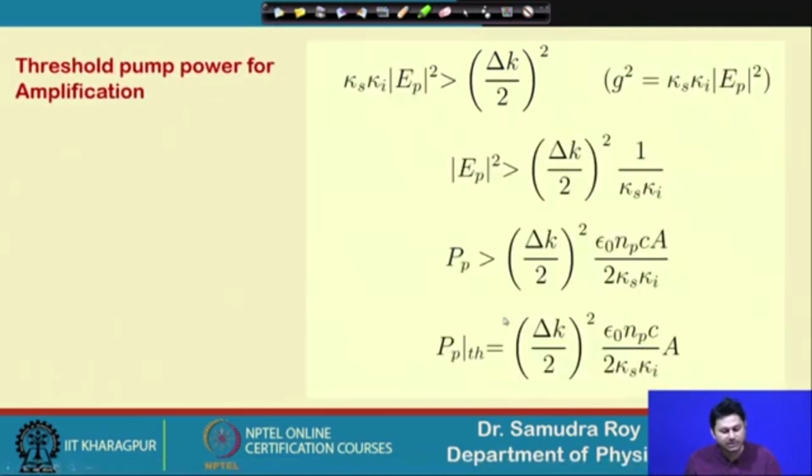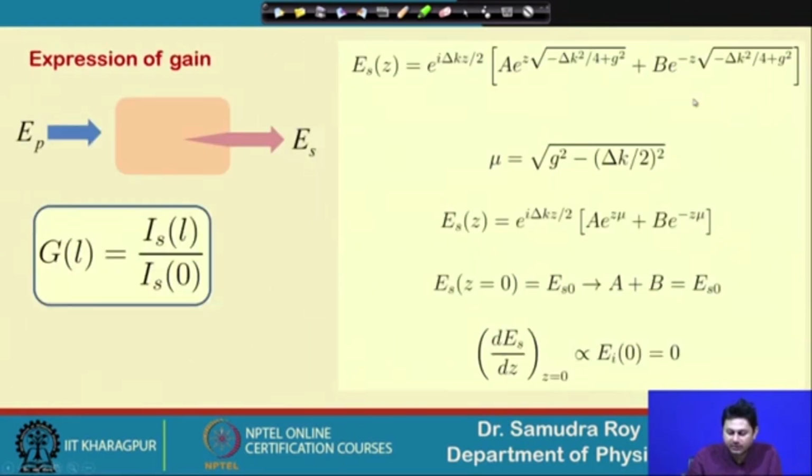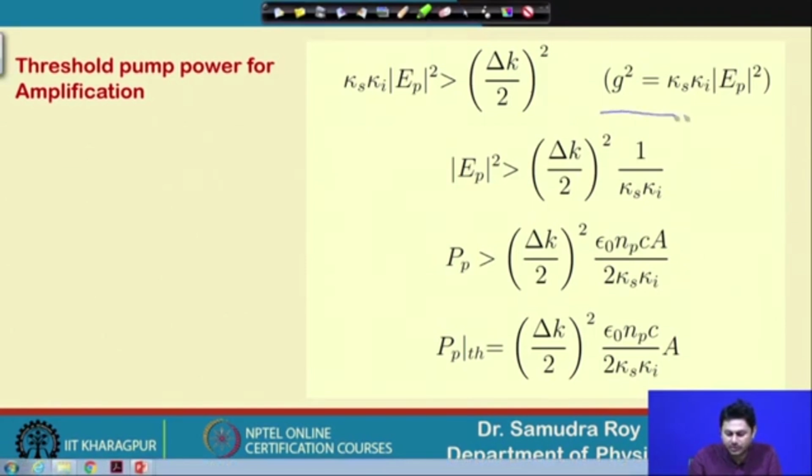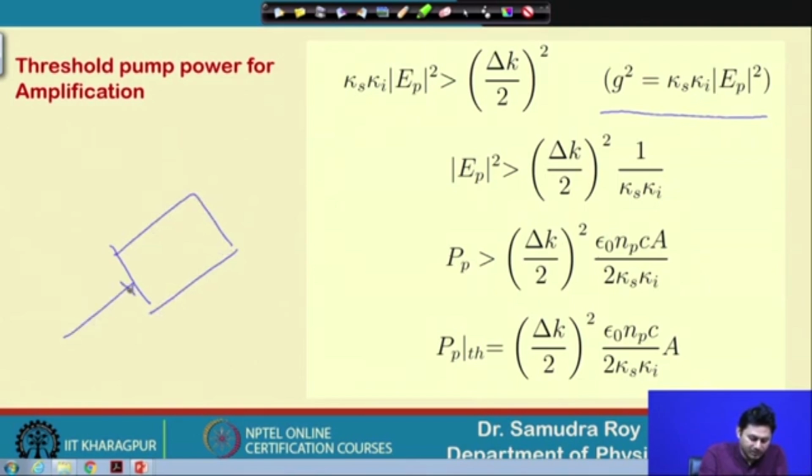This threshold condition we can find out quite easily, because inside g we have the information of the pump. I can use this information of the pump in this system, where I am launching a pump power and trying to amplify the signal, which is P s.